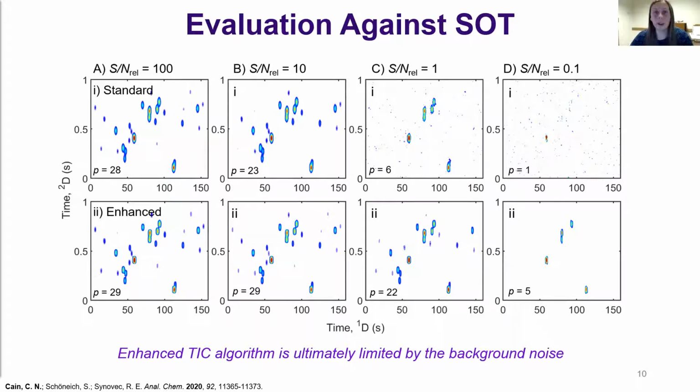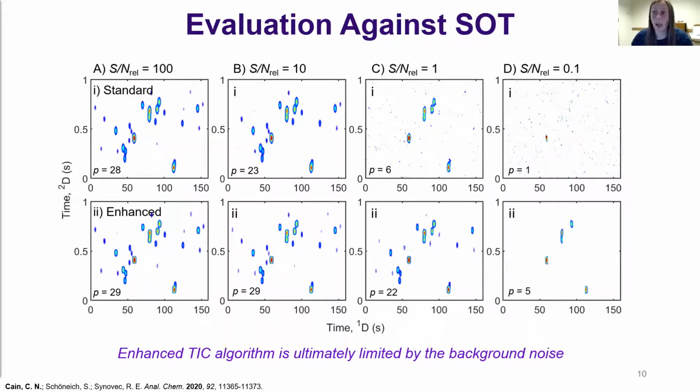When we get to a signal to noise ratio of 1, that's when our enhanced tick starts to outperform our standard tick, since the standard tick was only able to detect 6 peaks in that separation window, while our enhanced tick was able to define 22 peaks in the separation window. And then ultimately, when we get down to a signal to noise ratio of 0.1, that is where our enhanced tick actually starts to fail as well, indicating that our enhanced tick algorithm is ultimately limited by the background noise.